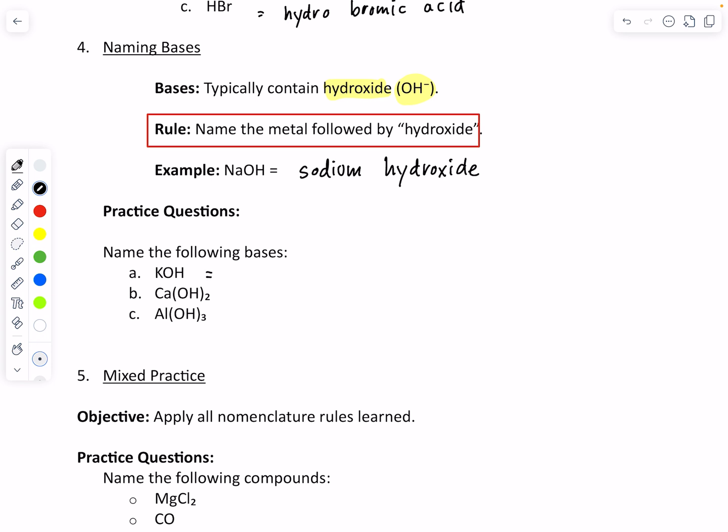In these examples, these are relatively simple. We have potassium hydroxide, calcium hydroxide, and aluminum hydroxide.